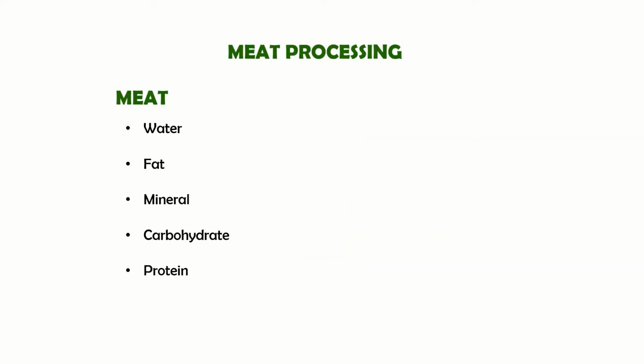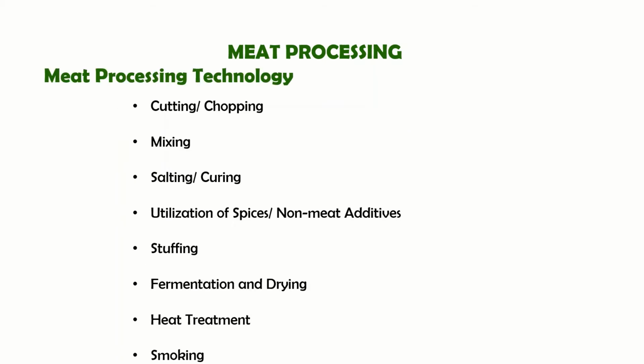Okay, so the main component of our processed product is of course the meat. In general, the meat is composed of water, fat, a small portion of carbohydrate, and of course, the most valuable component from the nutritional and processing point of view is the protein. The protein content of the meat defines the quality of the raw meat material and its suitability for further processing.